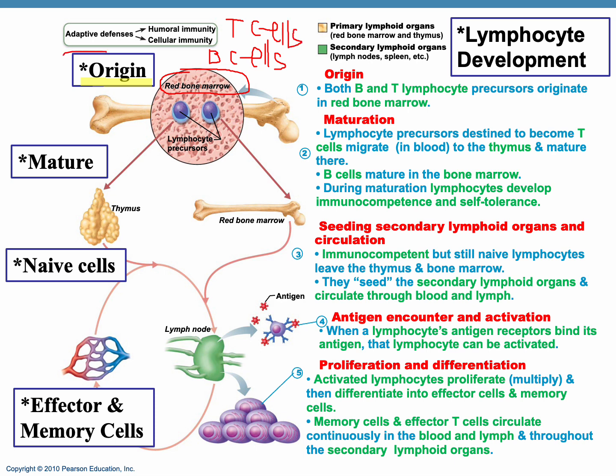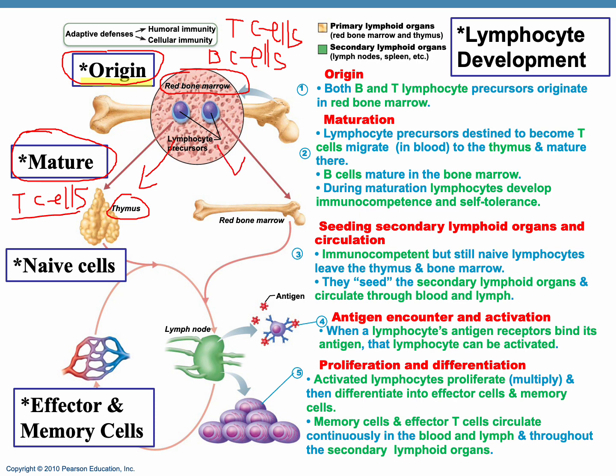So that's the importance of the origin of where they're produced. But then you'll see they go to different locations when it comes to the maturation process. The thymus gland, that's where the T cells are going to undergo maturation. Okay, that's where the T cells travel to.